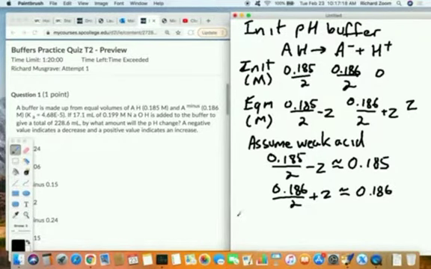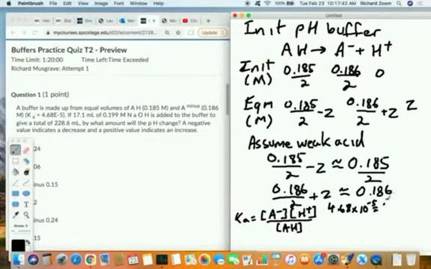So then we can use our Ka expression, which is A minus times H plus over AH. The Ka is 4.68 times 10 to the negative 5, and that's from the problem. And then we can substitute in these values. That should be over 2, and that should be over 2 as well.